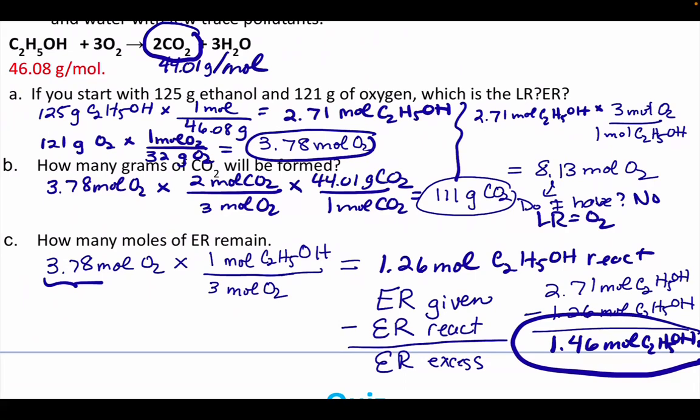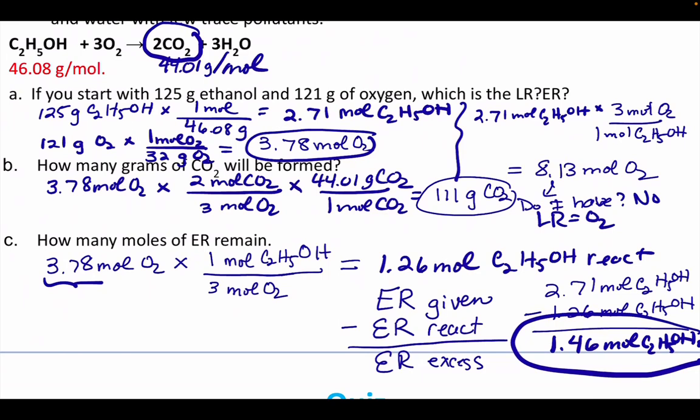So just to review, first thing I did in this problem is I convert my reactant amounts that are in grams to moles. Then I take one of the reactants' moles and convert it to the other reactant's moles. Then I ask myself, do I have enough of that? And if my answer is no, then that means that is my limiting reactant. If my answer was yes, then that means the reactant that I started with in the problem is my limiting reactant.